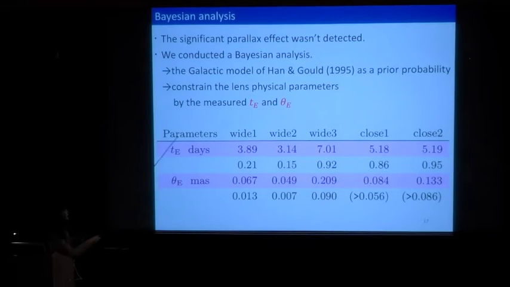Here is the value of each model. As for the close model, the difference between the model with finite source effect and the model without finite source effect is within 3 sigma, so we got only a lower limit of θ_E. And as for all models, θ_E has a large error.